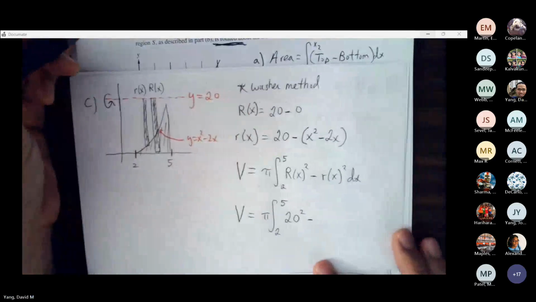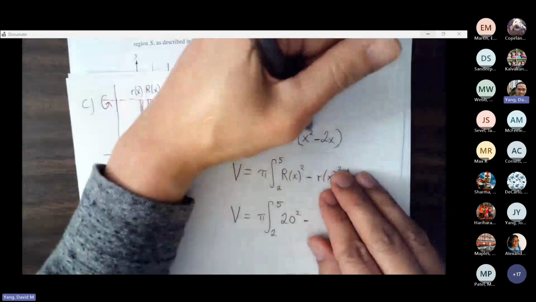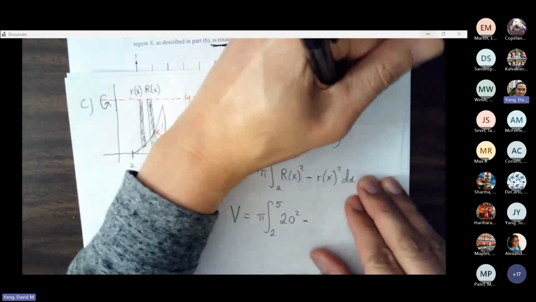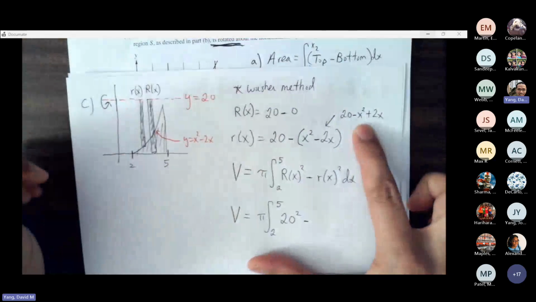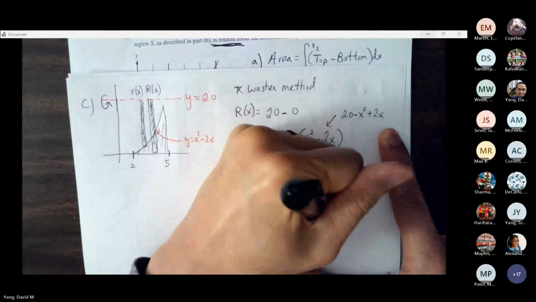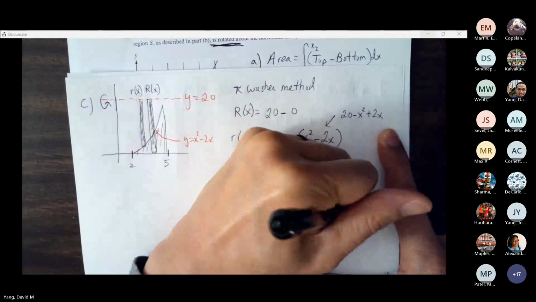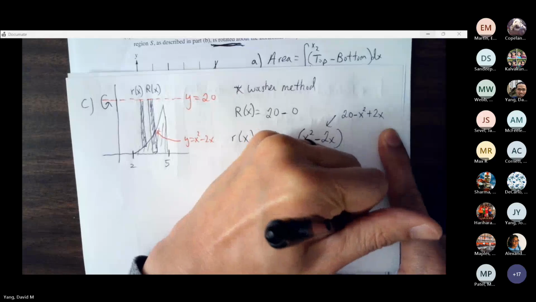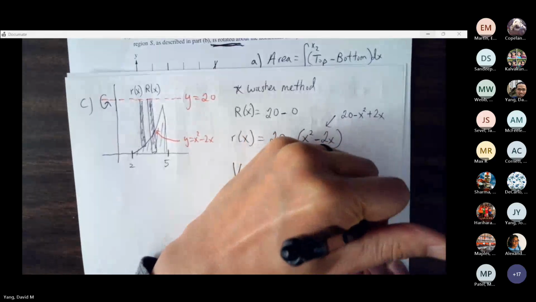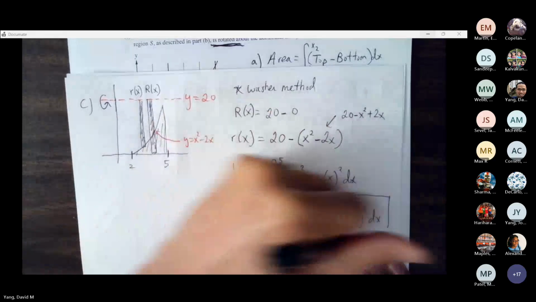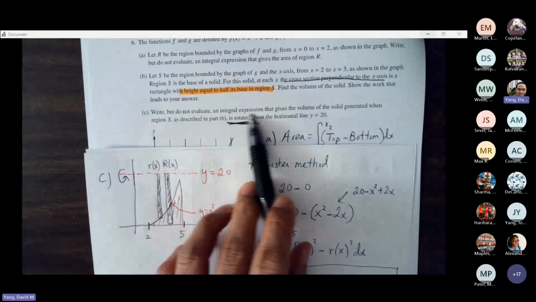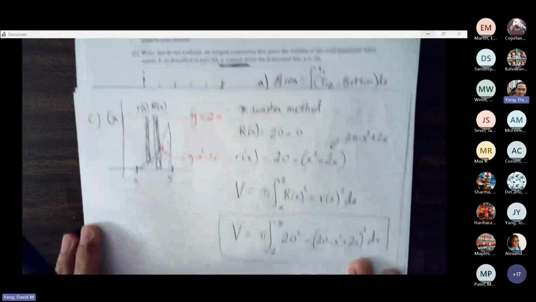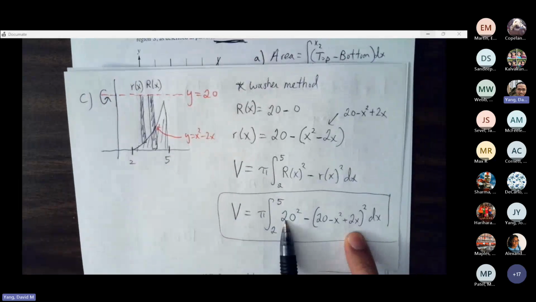And then little radius, I can clean this up a little bit here: 20 minus x squared plus 2x. It's just asking us to write but do not evaluate an integral expression. So this is as far as we need to go.